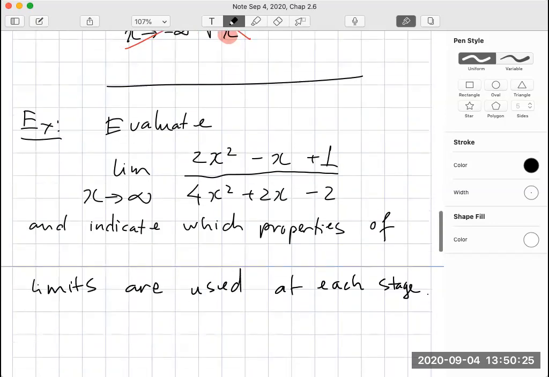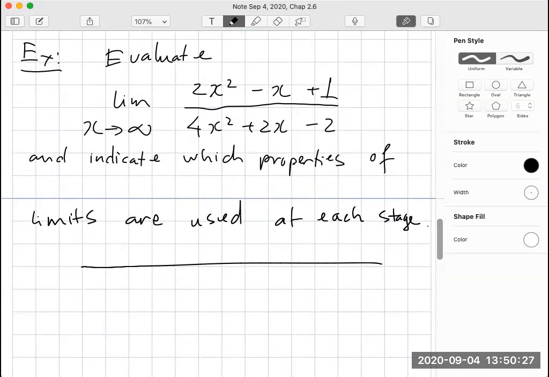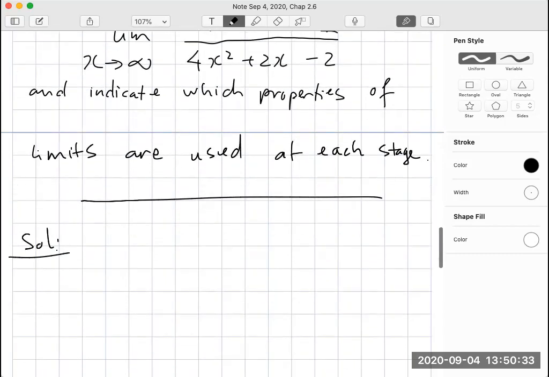This is the question. Okay, now let us try.